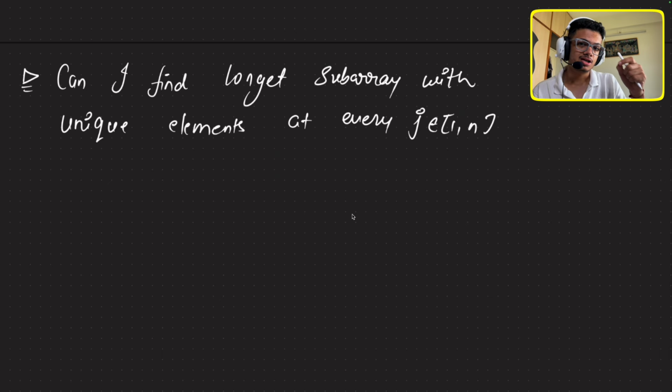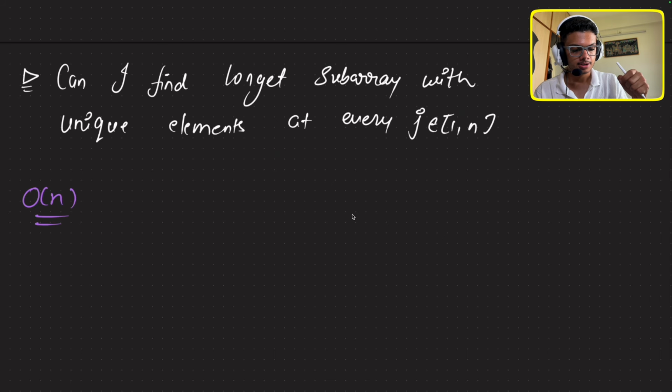So what I'm saying is, if you have a way to find the longest subarray with unique elements at index 1, then at index 2, index 3, 4, and so on, you know there are just order of n indices. You will have to find the longest subarray with unique elements at n indices.